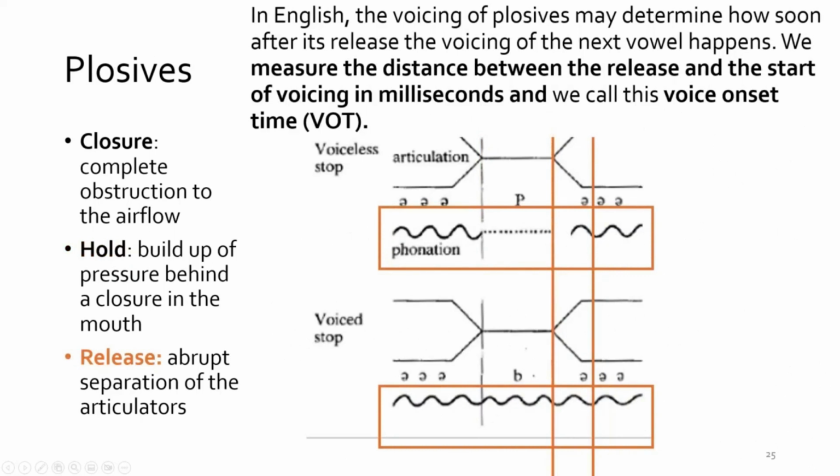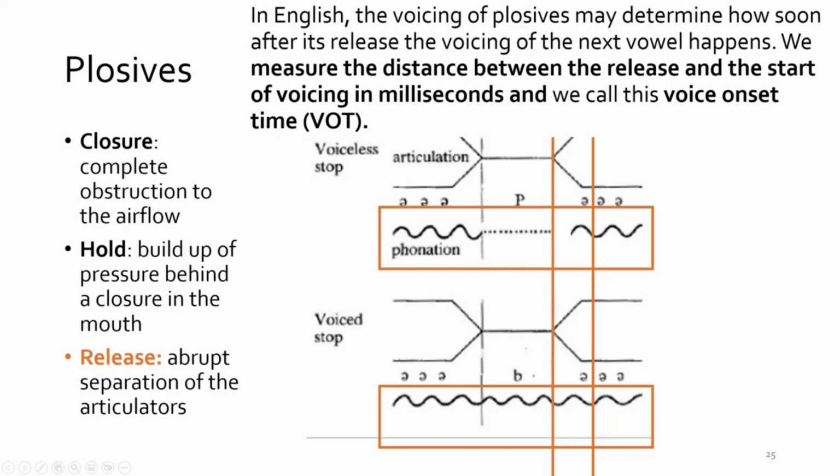But in English, for example, the release phase of plosives has been very widely studied because generally there is a distinction between contexts where sounds will be released and then the voicing of a vowel will be heard immediately afterwards, and in other cases that will not be heard.